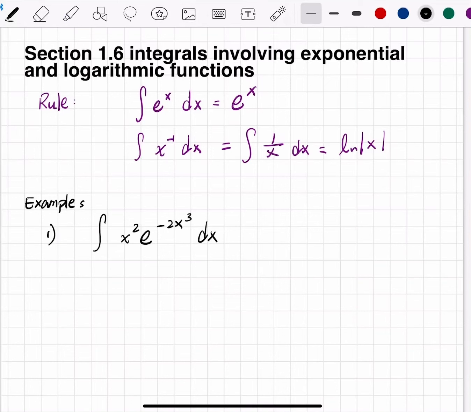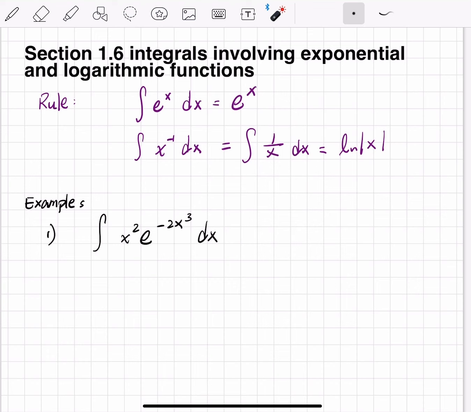In the next section, we're going to talk about integrations involving exponential and logarithmic functions. For exponential functions, the rule is pretty straightforward: the derivatives and the integration are exactly the same. For logarithmic functions, the derivative of a ln function is 1 over x.